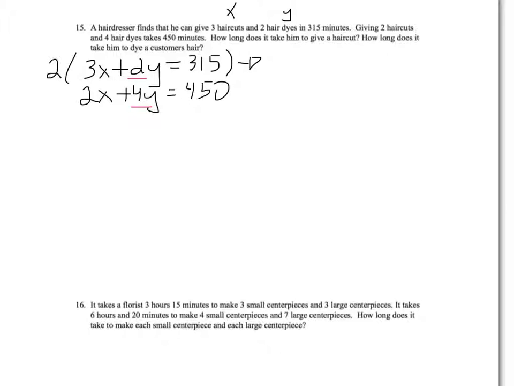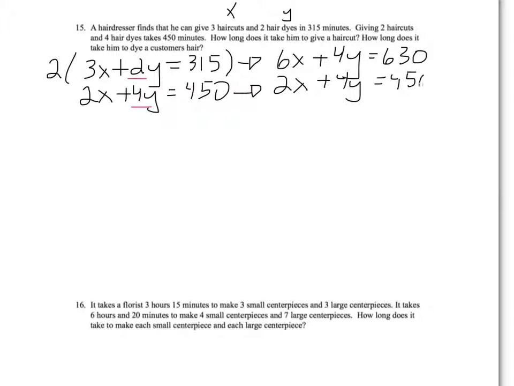So I will do that. So 6x plus 4y equals 630. And I just bring that equation over. 2x plus 4y equals 450. Now I'm just going to subtract the second equation from the first one.